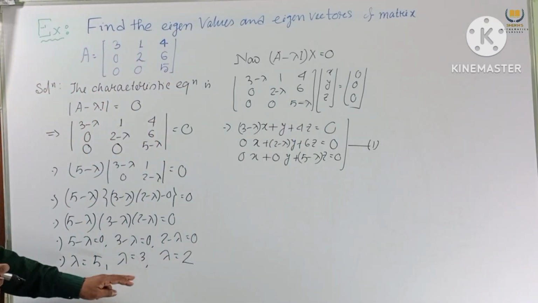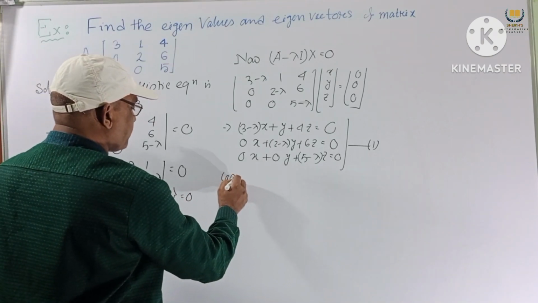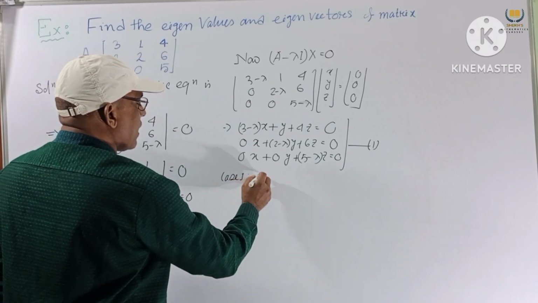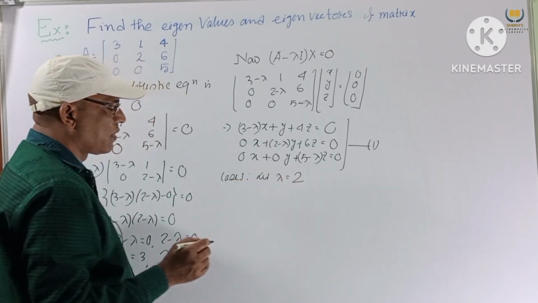Now case 1: the values of lambda are 2, 3, 5. Let lambda equal to 2.